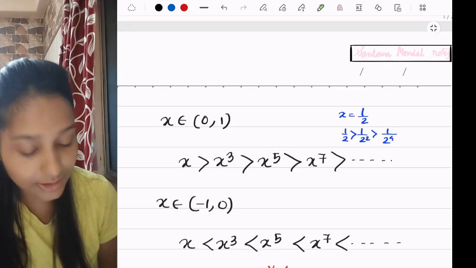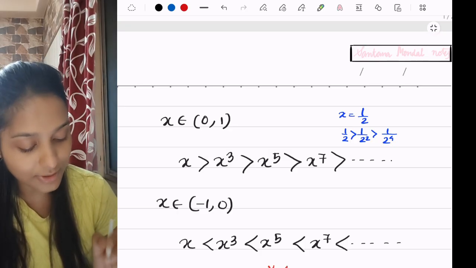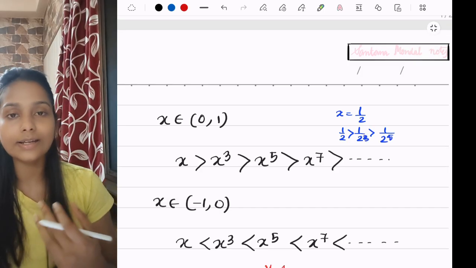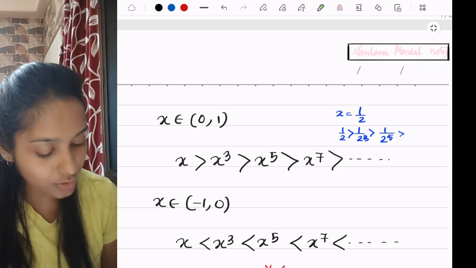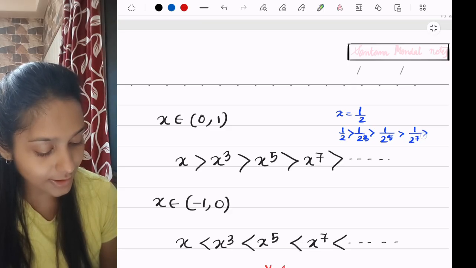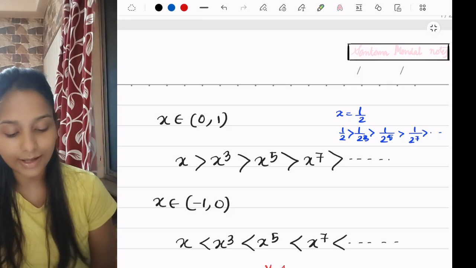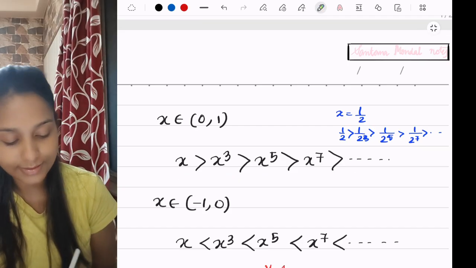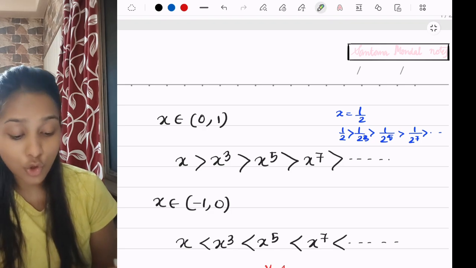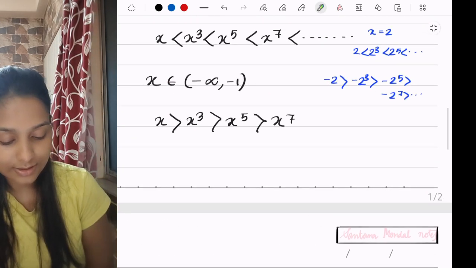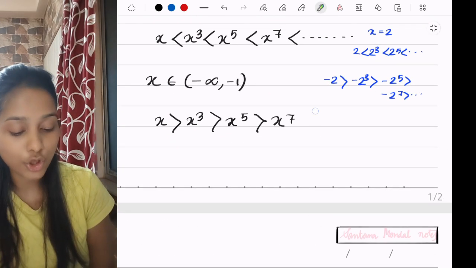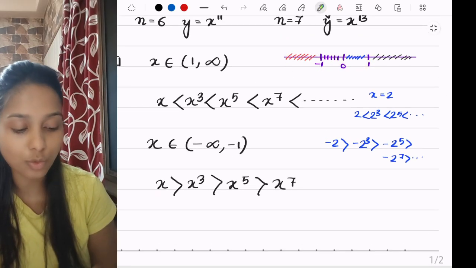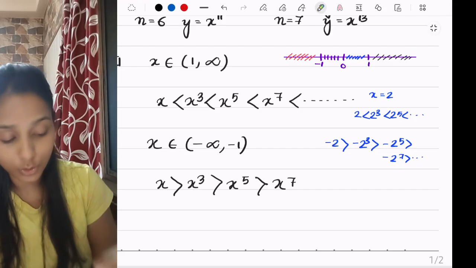I must take here the odd powers, like 1 by 2 cube, 1 by 2 power 5, and it still holds, 1 by 2 power 7 and so on. So again we are getting the inequality x greater than x cube, greater than x power 5, greater than x power 7, which is the same as the minus infinity to minus 1 part. So 0 to 1 and minus infinity to minus 1, these two parts have the same kind of inequality.